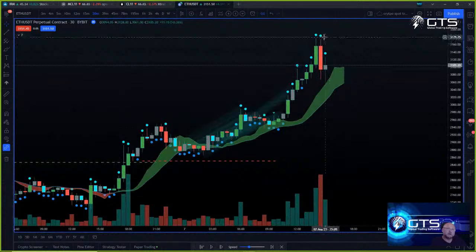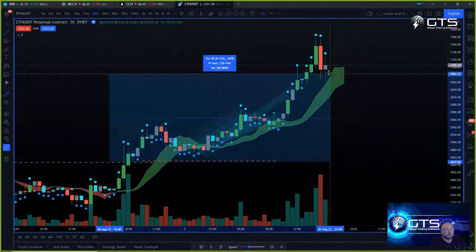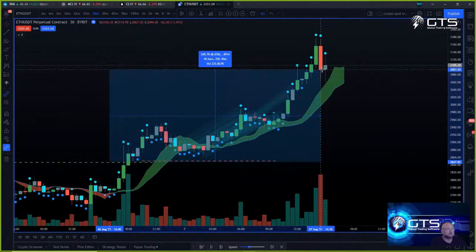So if we don't want to take our profit here, which is a lot of money, at that close, that is an 8.63% move. That's a big move. So 8.63%.